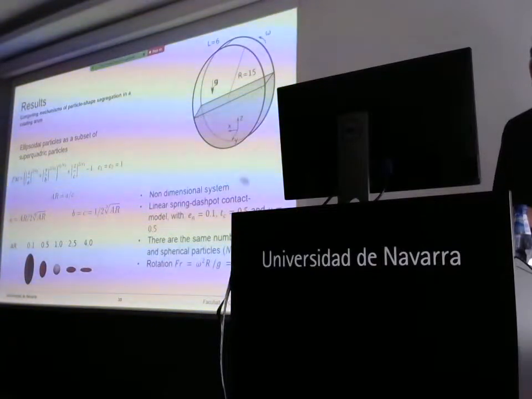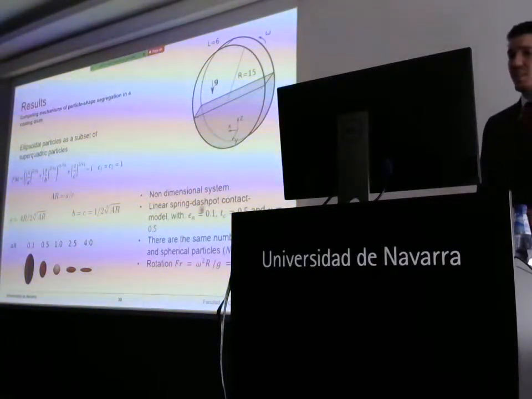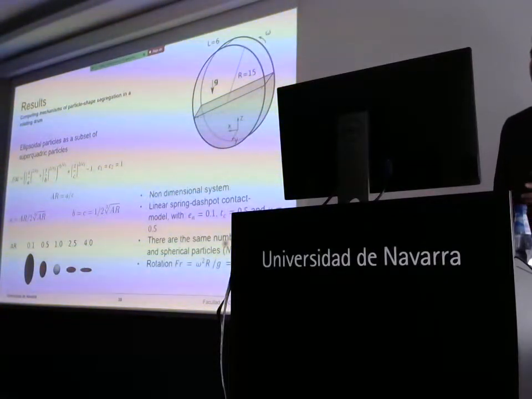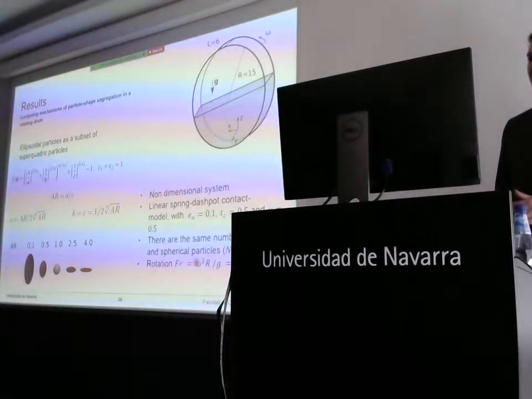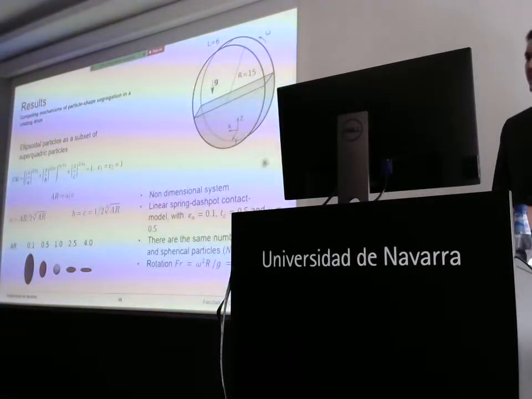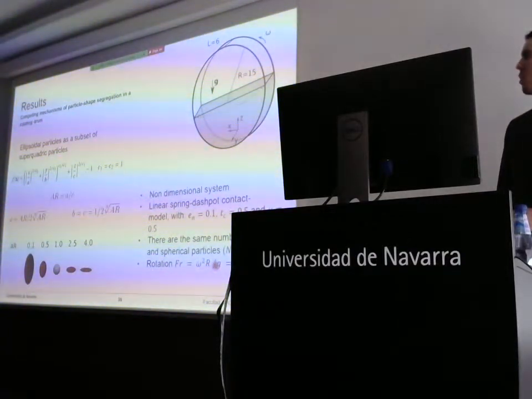The number of particles involved in this system is 4,000. That means that we have 2,000 particles with the ellipsoidal shape and 2,000 particles with the spherical shape. And the rotation of this system is set such that the Froude number is equal to 0.01.